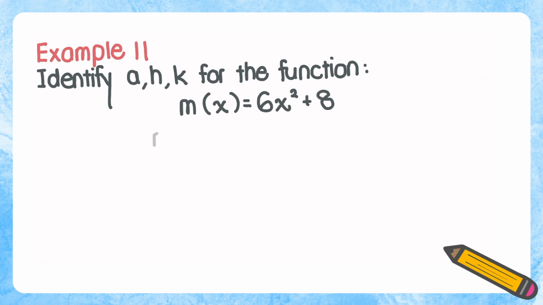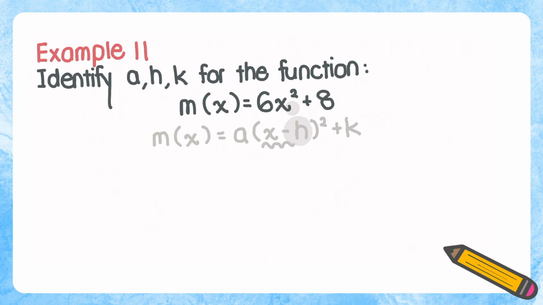The general vertex form is m of x equals a times (x minus h) quantity squared plus k. So we have this x minus h in the parentheses usually. Where's the parentheses? Where's the minus h? It's missing.